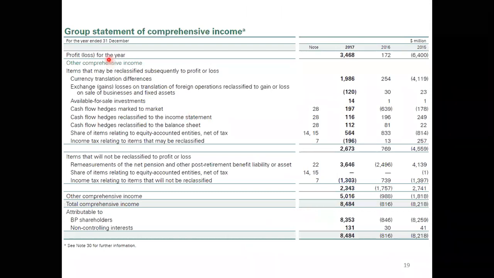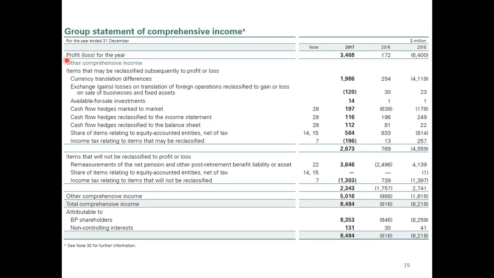Here, the group statement of comprehensive income begins with profit or loss for the year. You can find a symbol. It means before this statement, there is another statement which calculates profit or loss for the year.